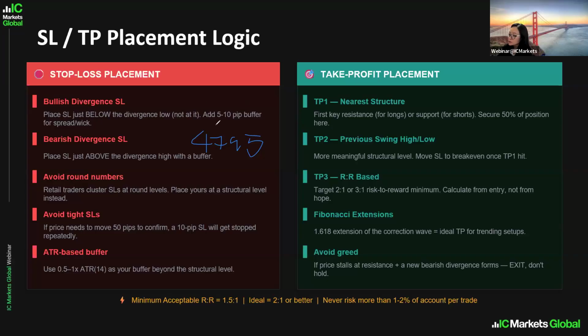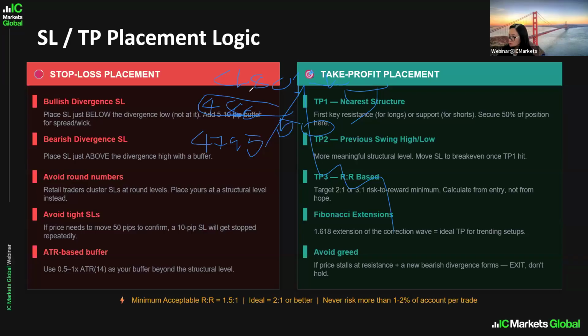Then you shouldn't put the stop loss at 4,800, because say you have a fixed stop loss of 50 pips for the entry. Price comes to 4,801, triggers your stop loss, and then it reverses.